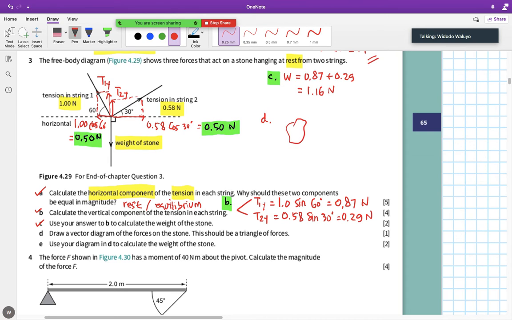Let's say this is the stone. The stone has three forces: the weight, tension two, and then tension one.